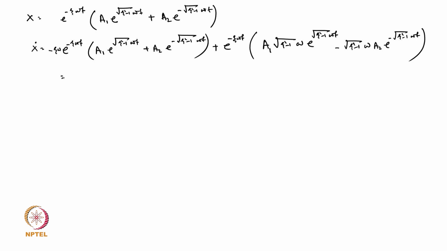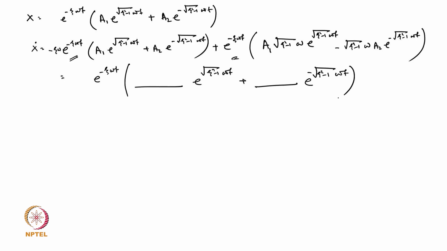So in all those cases, you can see that primarily this term e to the power of minus xi omega t is always going out, because it can be taken common from the full expression.